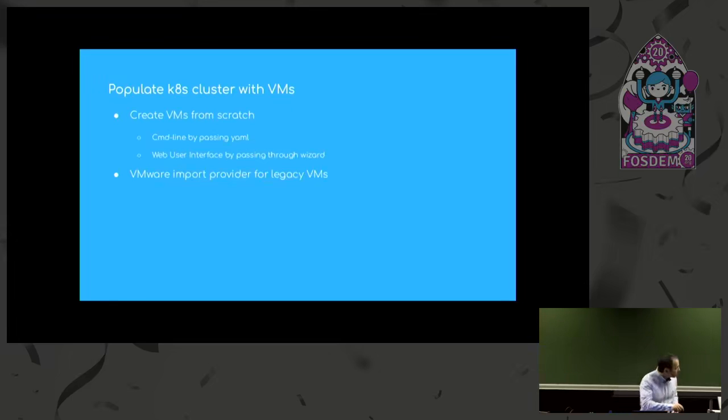Or you can take an existing legacy virtual machine living in VMware and pull it to Kubernetes.